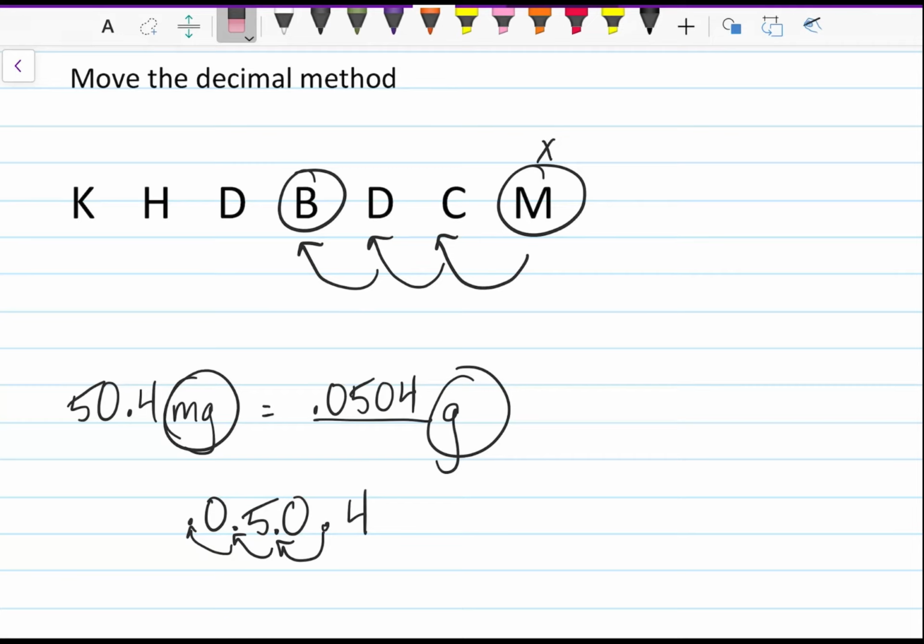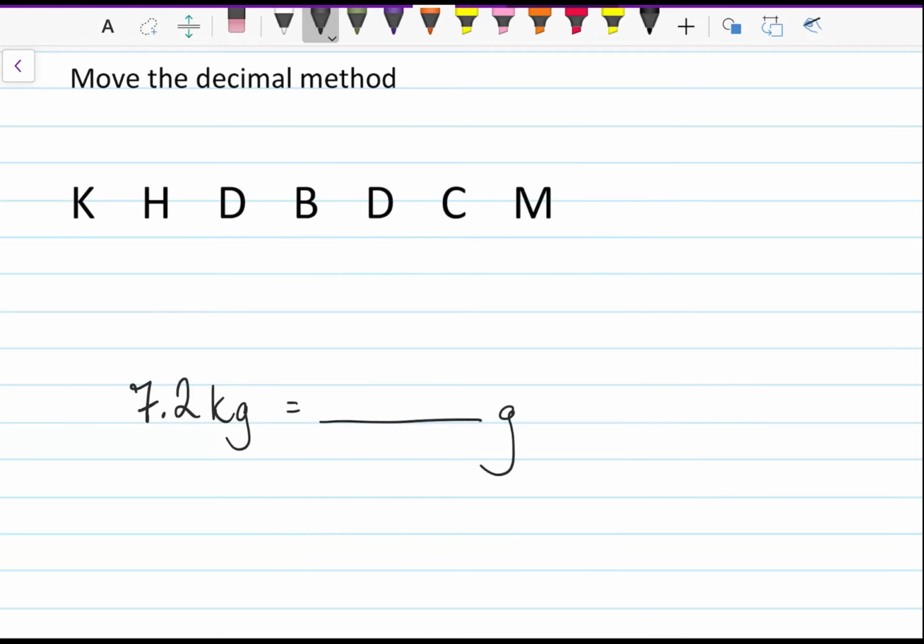Okay, let's try another example. For this example, we're going to convert kilograms to grams. Go ahead and do step 1, find kilograms. Kilograms is here. This is where we're starting. We're looking for grams. That's our base units. We're ending there. We're going to move our decimal point 1, 2, 3 places now to the right.